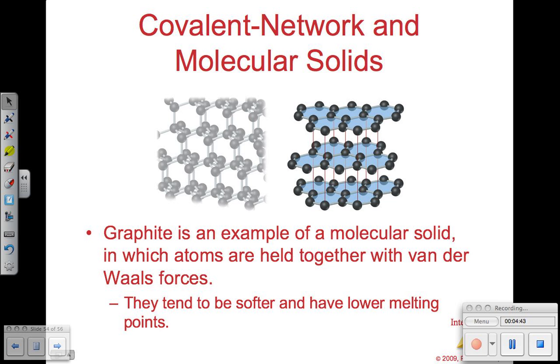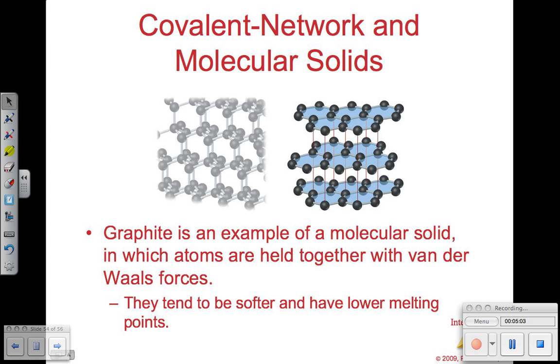It's made out of graphite, and it's also a molecular solid, but this one is held together differently. You've got these sheets that are held together by covalent bonds, but then the individual sheets of graphite are attracted or held together by van der Waals forces. So you've got these layers or sheets that are attracted to one another.